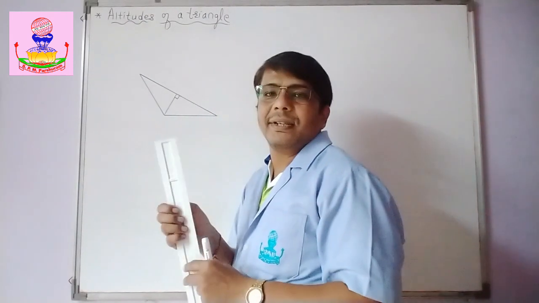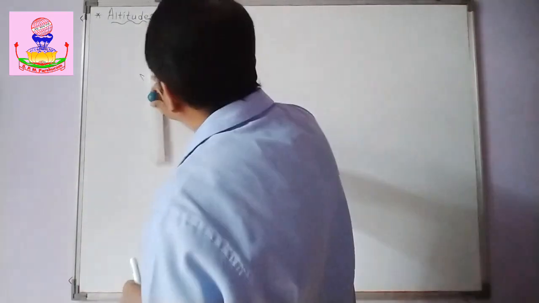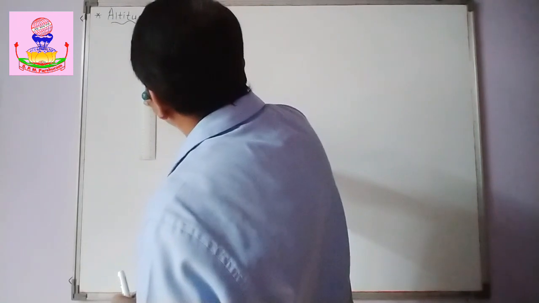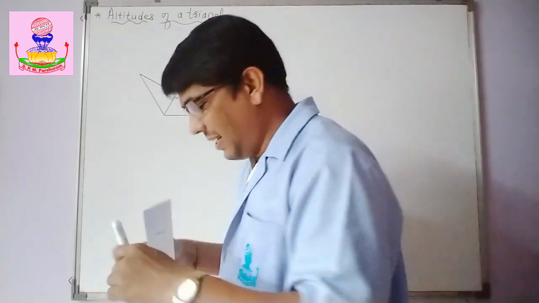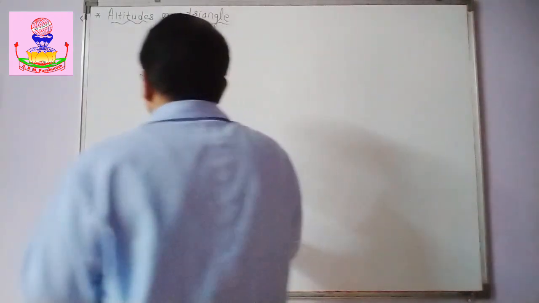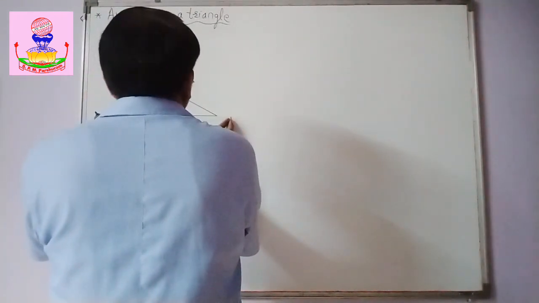Okay. Now for this side, this is the vertex. So if I am going to draw the altitude, it is going to come in like this. So what it means, I have to extend this. So let us first extend that. See here, now what happens?